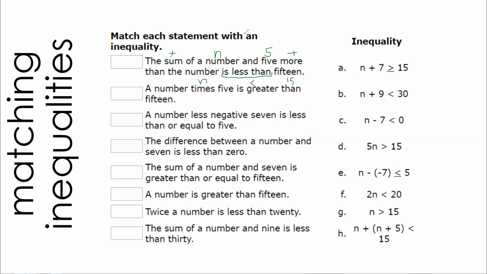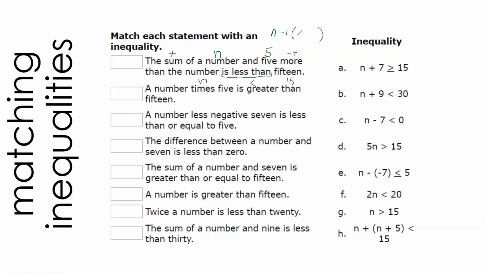So let's throw this all together to make our inequality. So I know that I have the sum of a number and brings me to the other side of that addition sign. It says 5 more than a number. So that all has to be grouped up into this side of it. So in order to do that, we're going to group it up with parentheses.